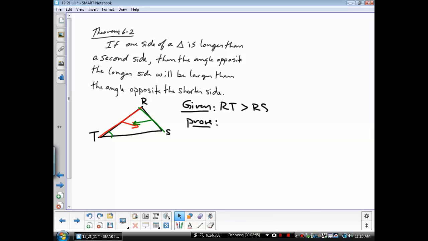Now, because we're going to draw in our proof a line that goes through angle S, we'll have to refer to that as angle RST is greater than angle T. And we're talking measure of angle, so I should have a little m there.